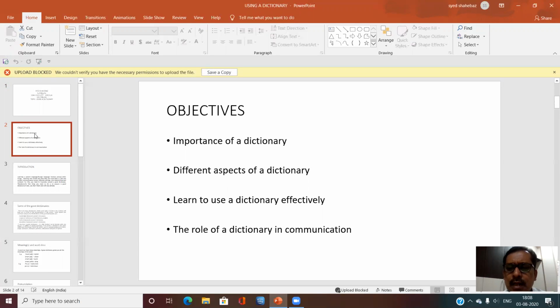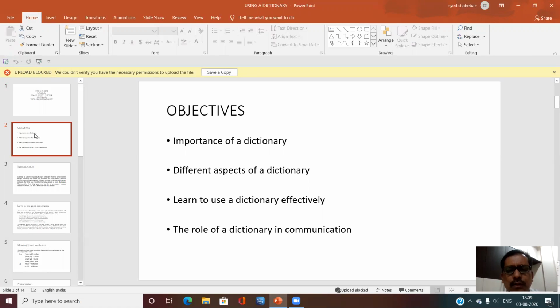What does a standard dictionary consist of? What are the aspects or components it contains, and how to use those aspects or components to the maximum benefit? And the third objective is to learn to use a dictionary effectively.